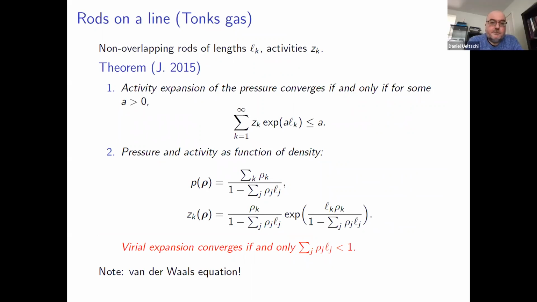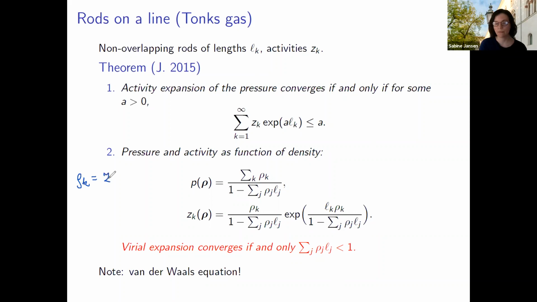In physics, this comes out from some explicit computation. The way one should really think about this, which I haven't mentioned, is that if you want to know what rho K is as a function of the activity, let's say back to the hard spheres, rho K is equal to ZK times the probability, with respect to the Gibbs measure, that if you look at your K sphere, there is no other sphere intersecting it.